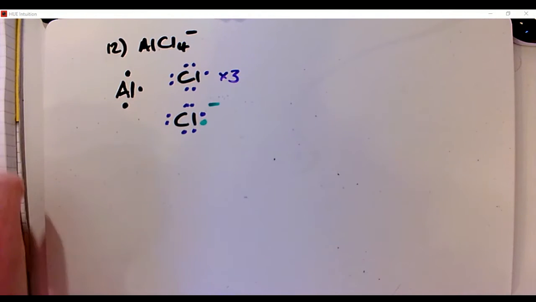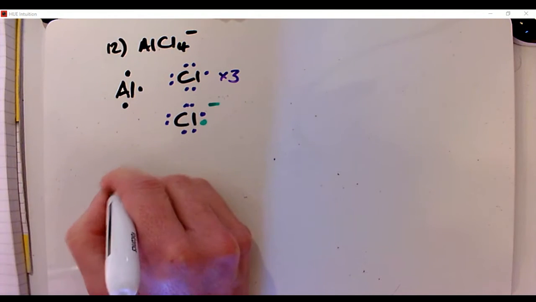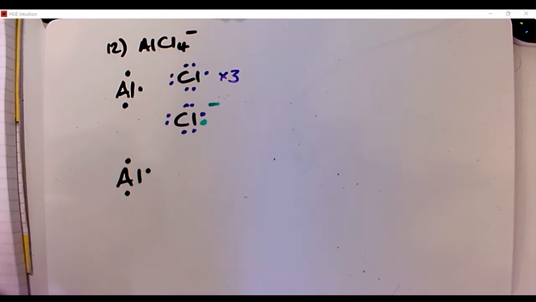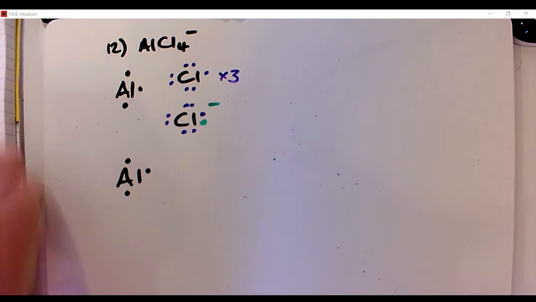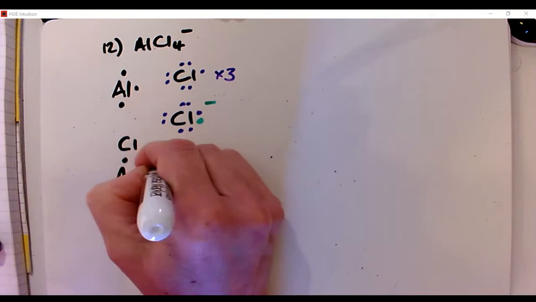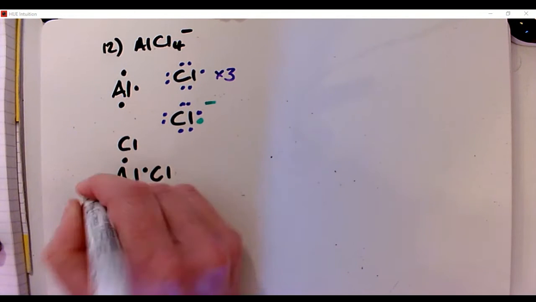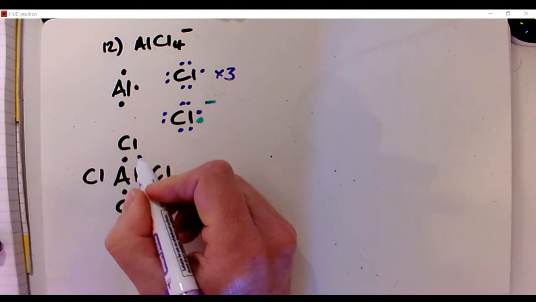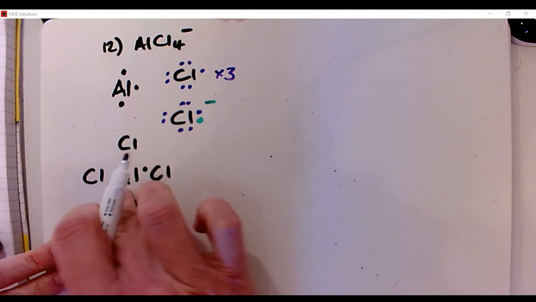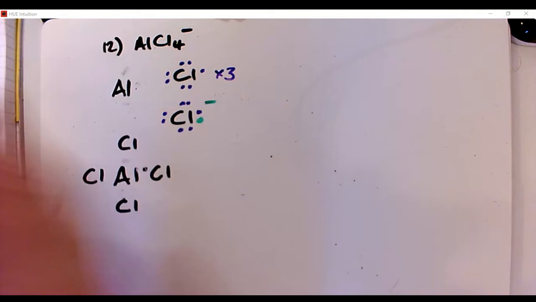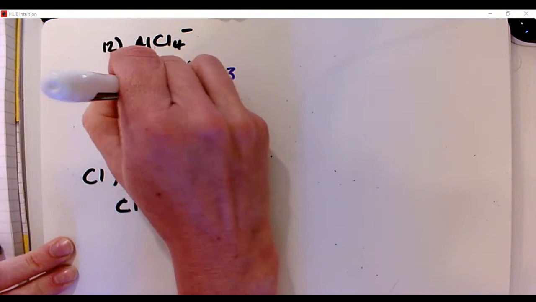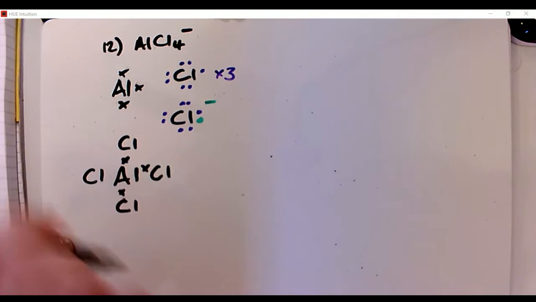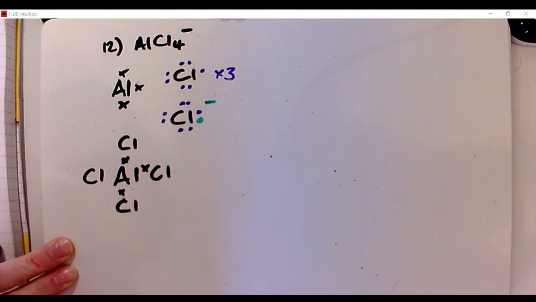Okay, so how are these all going to combine? Your Al, let's put its electrons in, and the Cl's. Oh, I did it again. I should make those X's. So the board comes in handy.